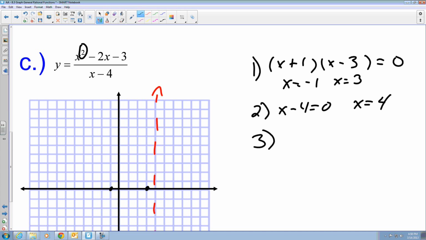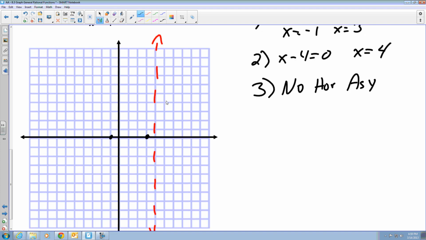My highest degree in the numerator is 2, my highest degree in the denominator is 1, and since m is greater than n, we look back at what we had on our first page. When m was greater than n, we realized that there were no horizontal asymptotes. Okay? So I don't have to mark it.